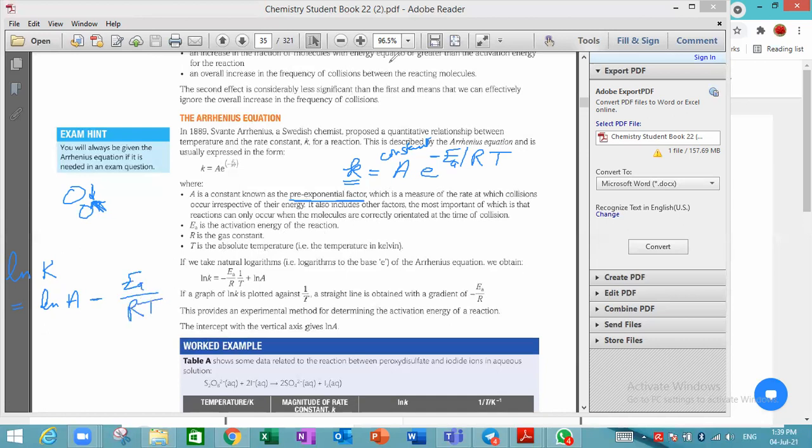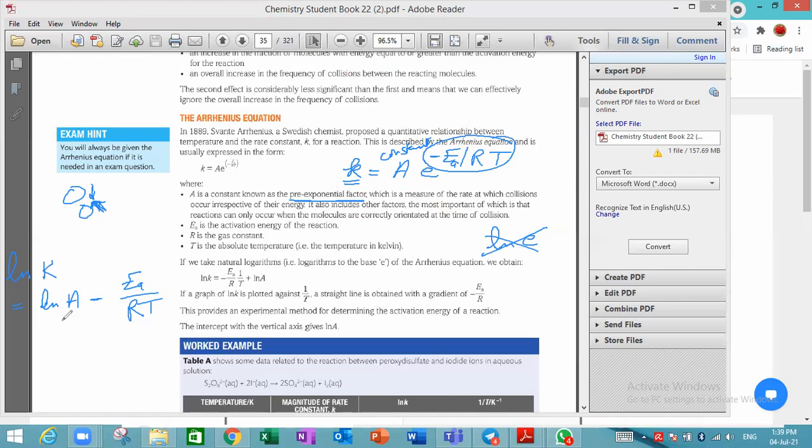We take ln of both sides, so ln k equals ln A plus ln e to the power minus Ea over RT. When we have ln and e beside each other, they cancel each other because they are opposite to each other. And we are left with minus Ea over RT.